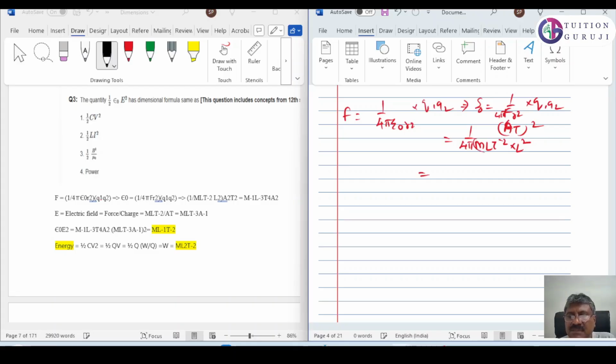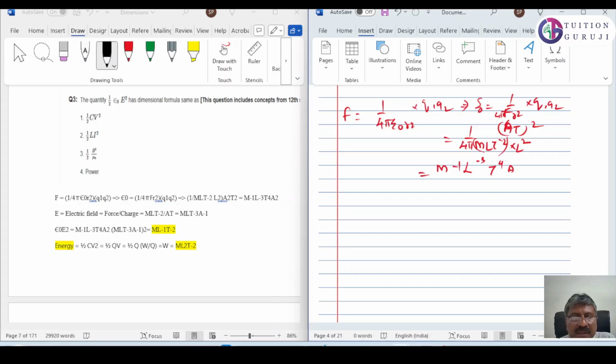So epsilon 0 is equal to M raised to minus 1, then L into L square is L cube. When it goes up, it is L raised to minus 3. T raised to minus 2 goes up as T square. Already T square is there, therefore T raised to 4.